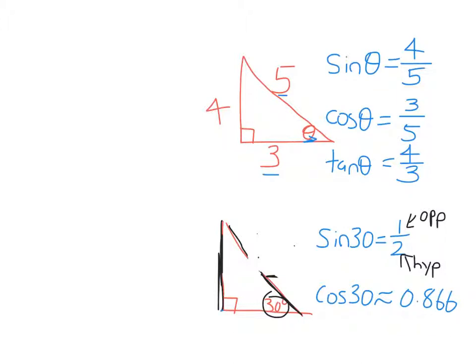So it's the ratio of this side to this side. Okay? So what it means is if this angle here is 30, then the adjacent side is about 87% of the hypotenuse. So if the hypotenuse was, say, 10, then the adjacent side must be, there's only one value it can take, it has to be about 8.66, okay?